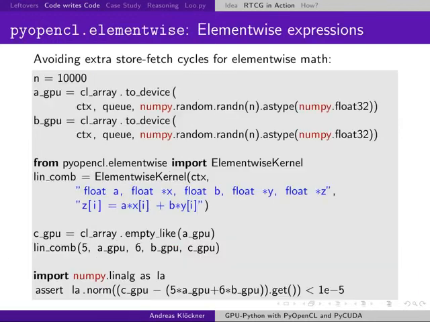All of this functionality in arrays is actually built on top of a facility that solves an even more general problem. If you've used, say, a vector class in C++ or a matrix class, something that you might have noticed if you evaluate a long nested expression, you can say x plus 2 times y minus z, and so on and so forth.